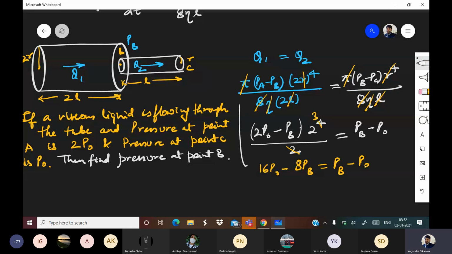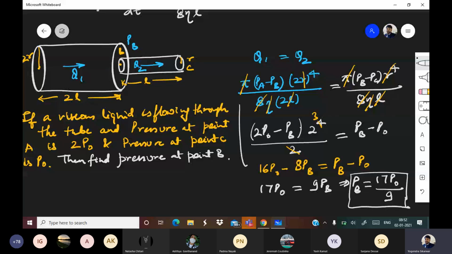So 16 P naught plus P naught will be 17 P naught is equal to 8 PB plus PB, 9 PB, and PB comes out to be 17 P naught upon 9. This is the answer. Please note, everyone.